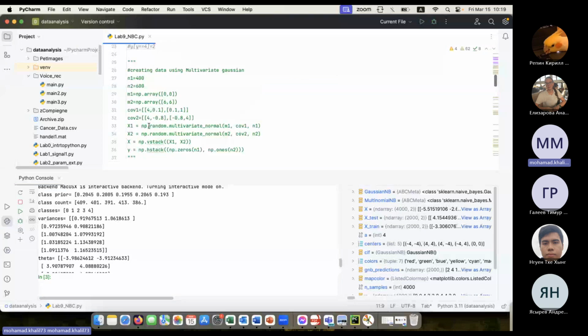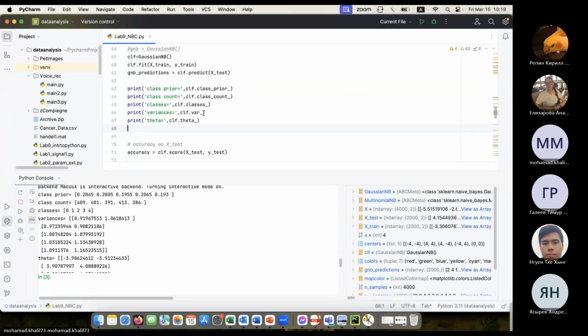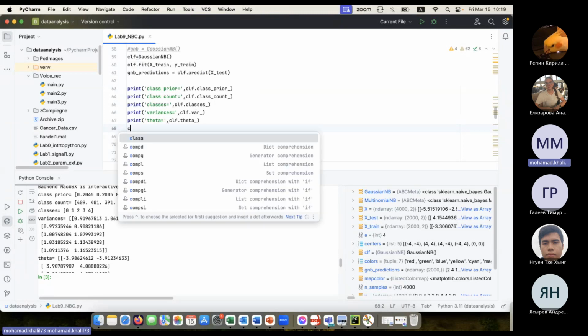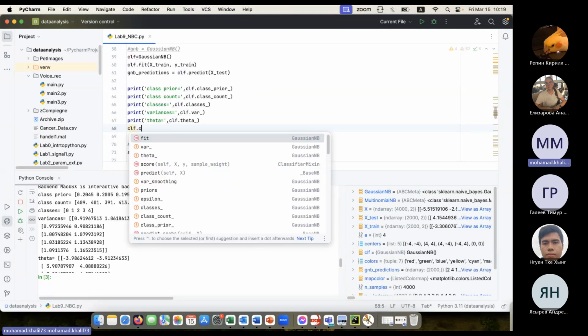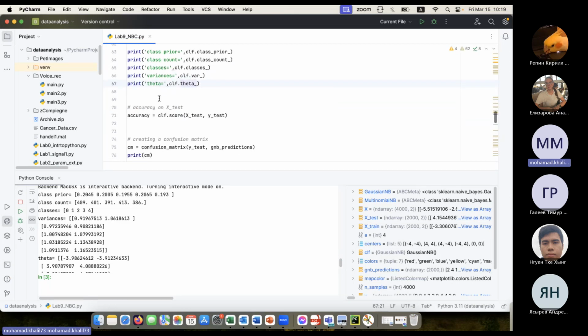Okay, I don't know if there is a covariance, clf.cov, but there is no covariance, only the variance. So here you have the variance and the mean. You have all the data.